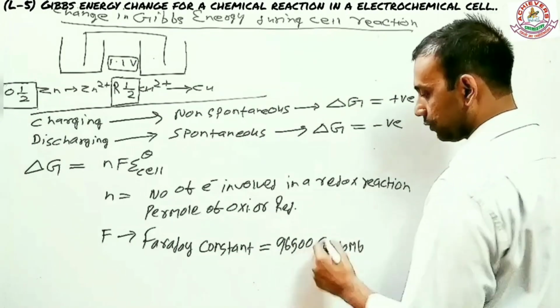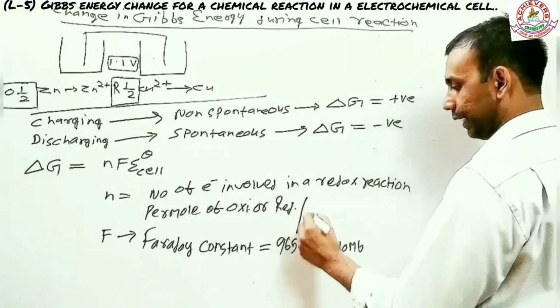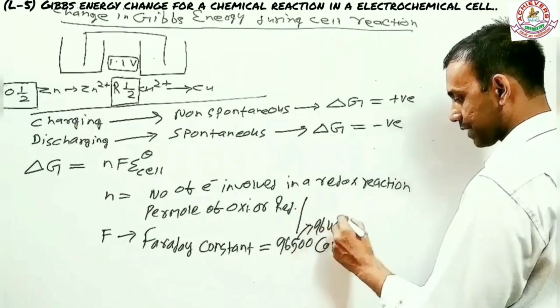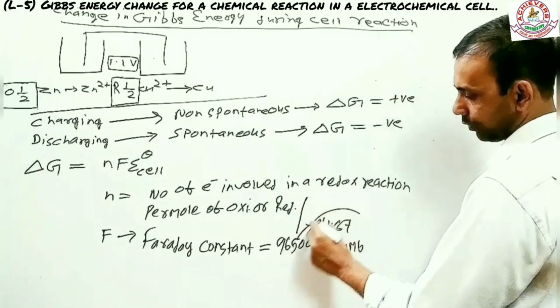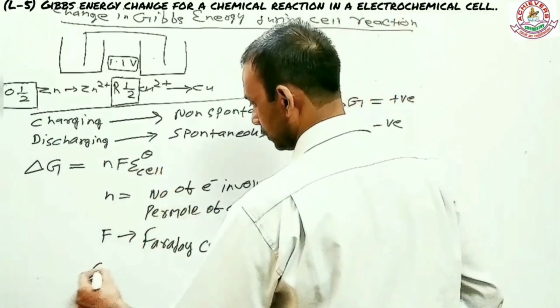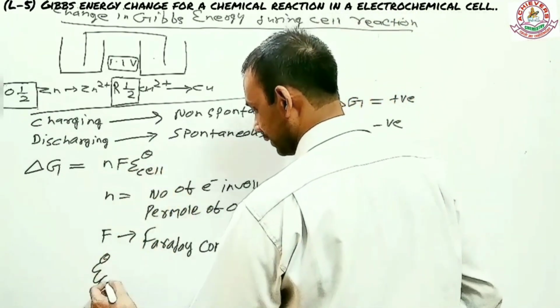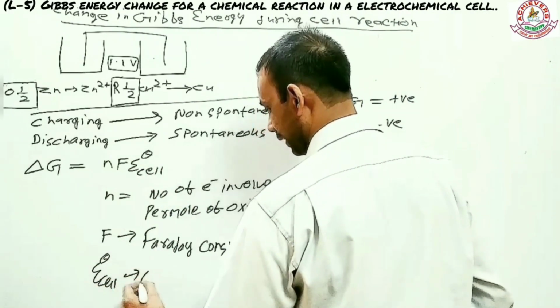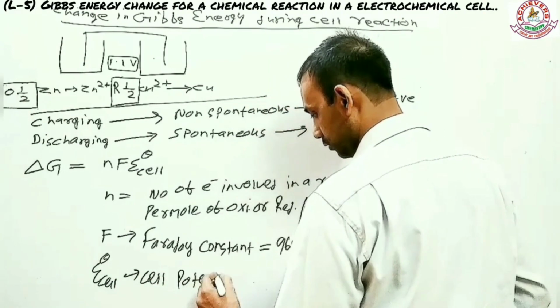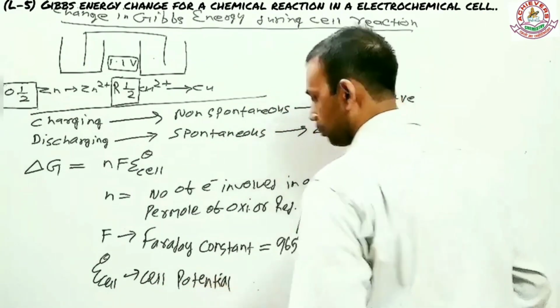The actual value is 96487, but we don't use that. We use 96500. And E cell, you do know, is the cell potential.